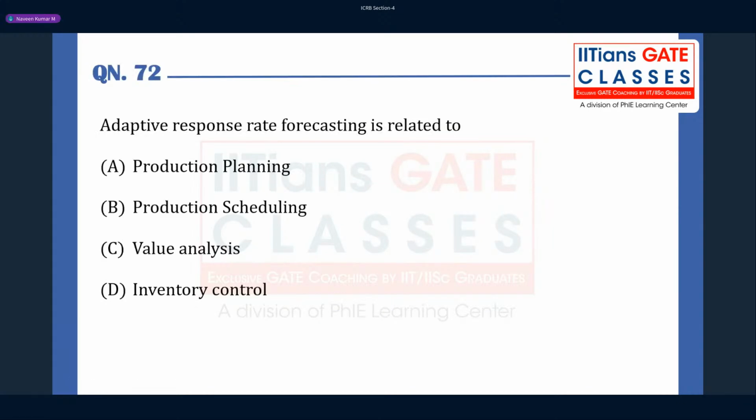Adaptive response rate forecasting is related to what? Okay, production planning. We'll discuss the option first, and then we'll go to the right option. Production planning is a very broad term. It's planning of production at an aggregate level.